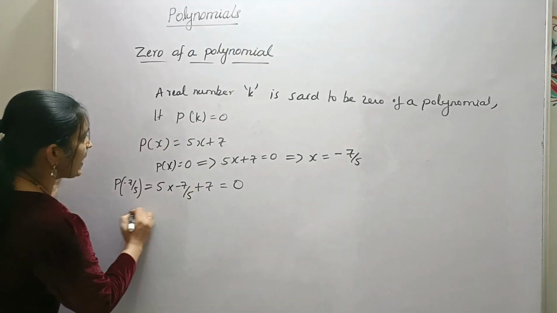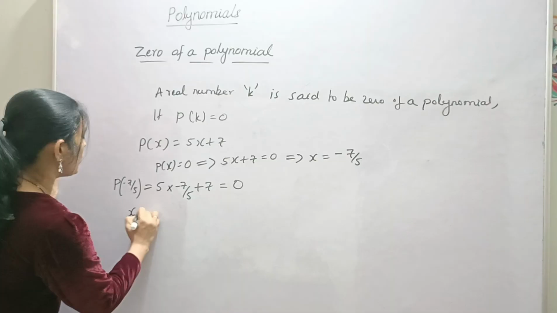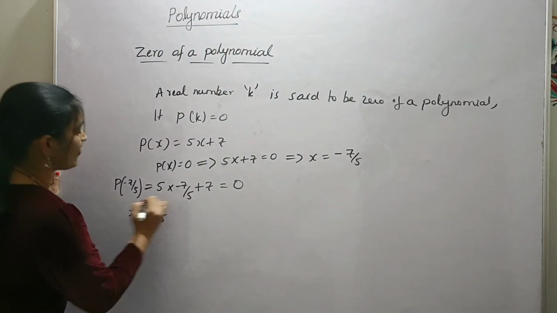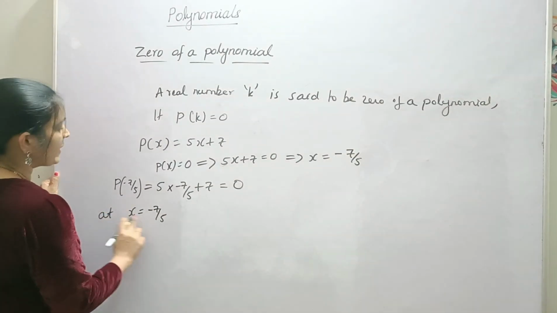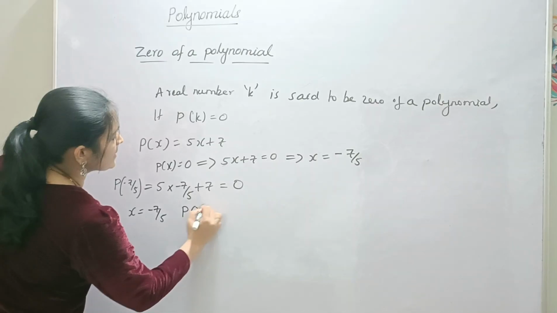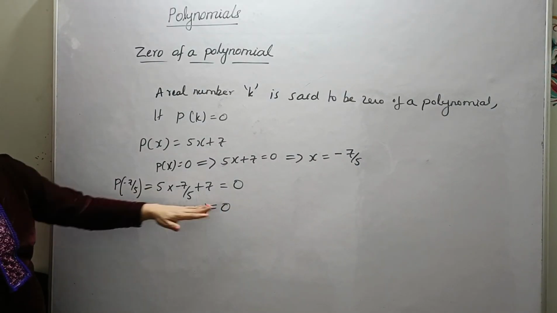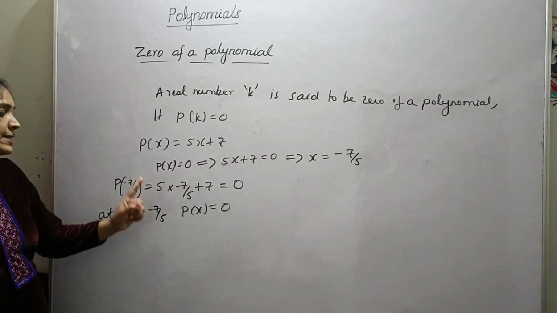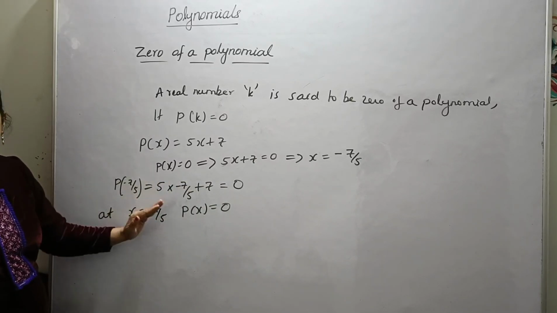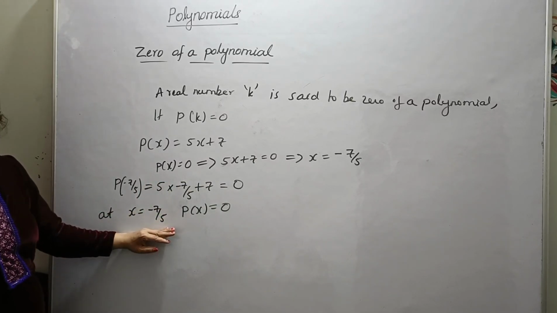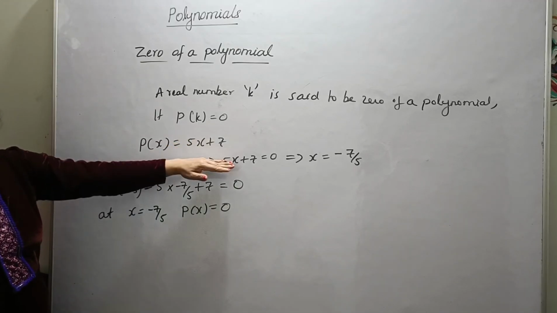That is, at x is equal to minus 7 by 5, p of x is equal to 0.